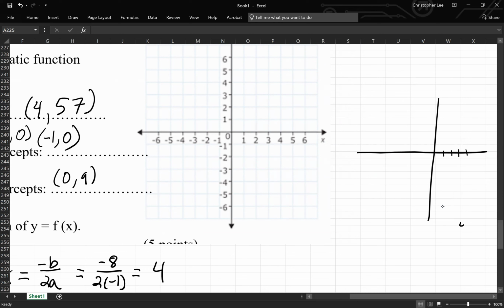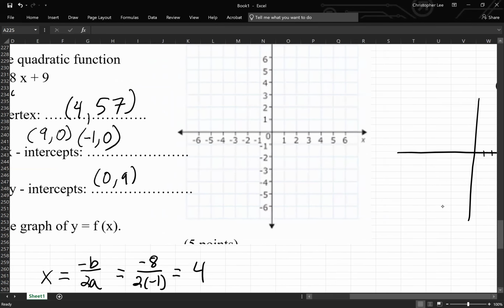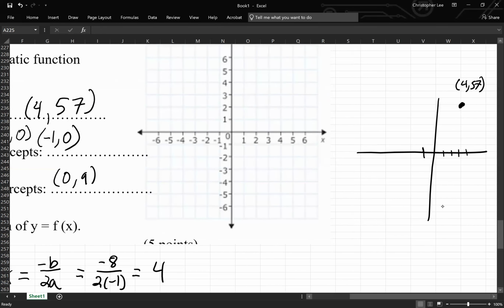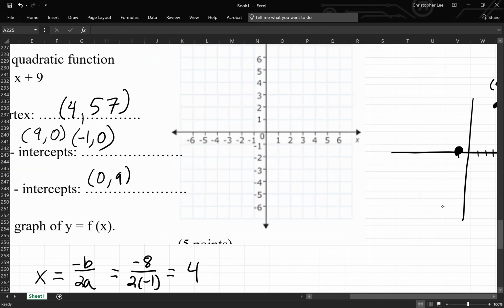Whoops. Oh, shoot. My mistake. I'm so sorry about that. 57 is up here. It's positive. What was I thinking? 4 and 57, right? And then we have, let me get my x-intercepts. It's negative 1, 0, and 9, 0.